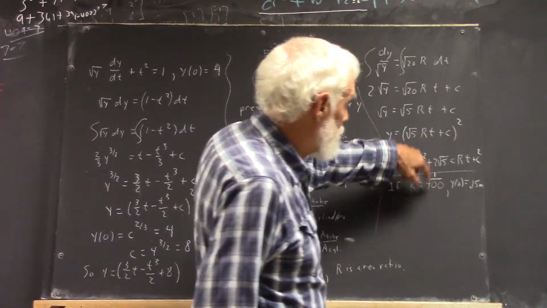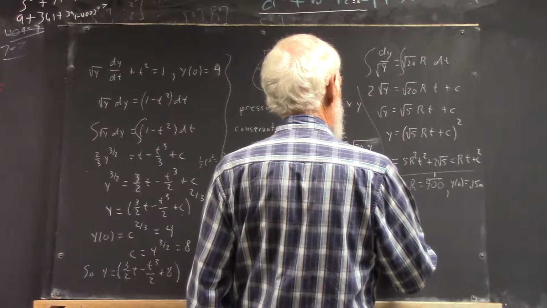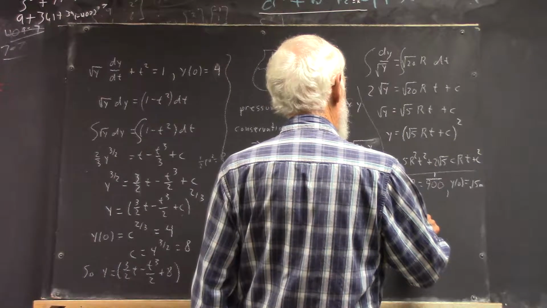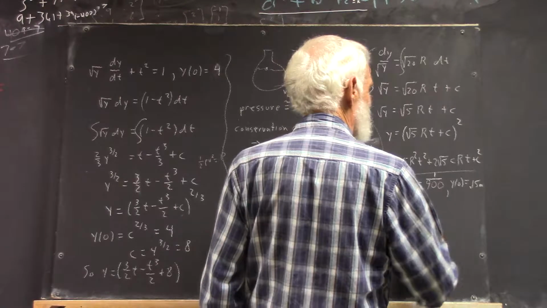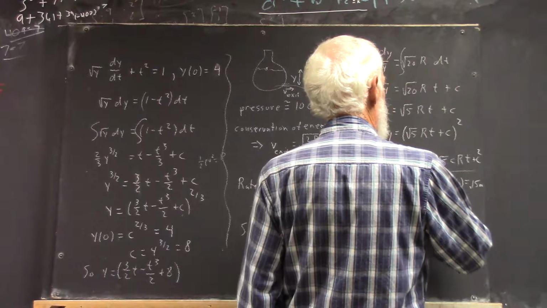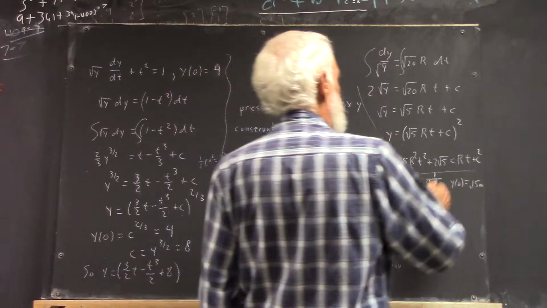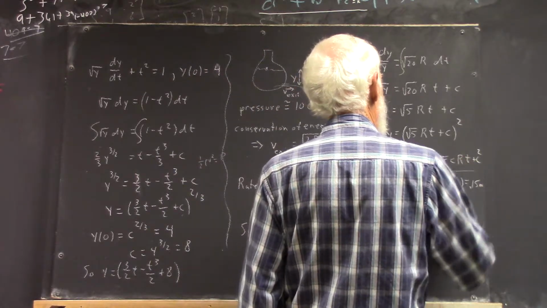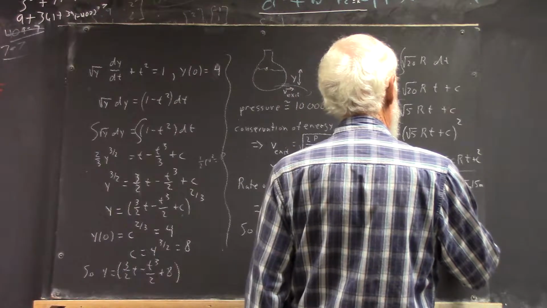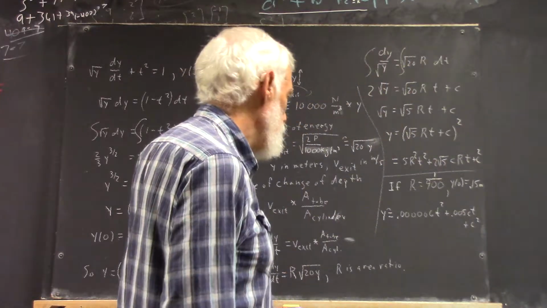Okay, so if R is 1 over 900, y of 0 equals 0.15 meters, you get, first of all, y equals approximately 0.0000006 t squared plus 2 times the square root of 5, which is roughly 4.5, a little over 4, times c times r, so that would be this.